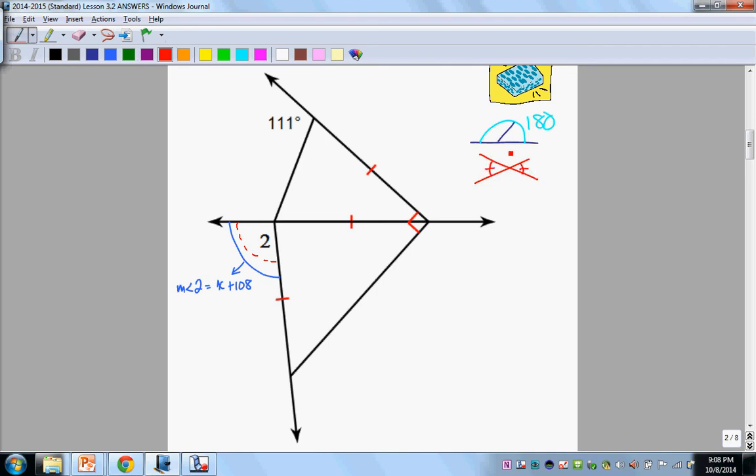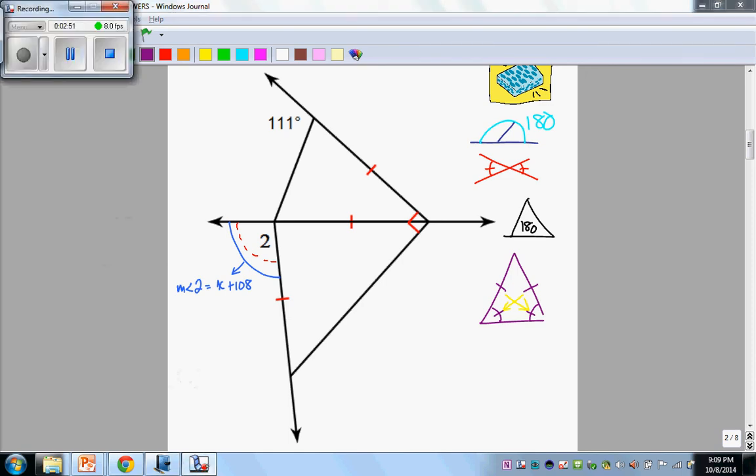If they have vertical angles, those are equal. You want to watch out for the simple fact that triangles add up to 180. And most importantly, what you learned today is if you have two equal arms, you follow that down, you're going to have two equal angles, two equal arms, two equal angles.